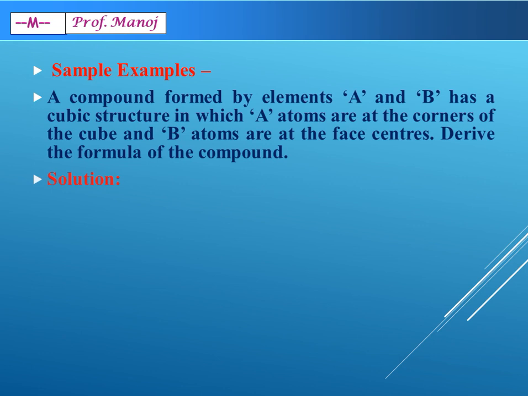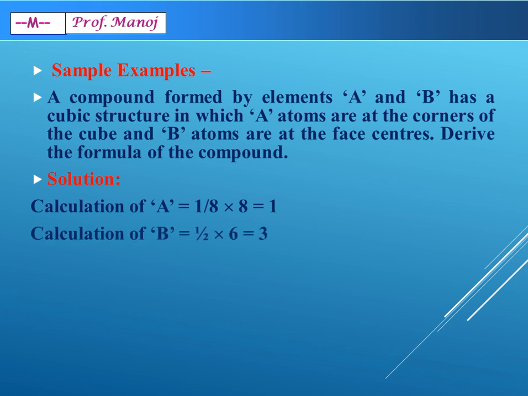So using our formula, atom A are at the corner, so contribution is 1 upon 8 into 8, that's 1. B is at the center of face, 1 upon 2 into 6, so 3. So the formula is A1 B3. In all sorts of exams, these kind of problems are very popular.